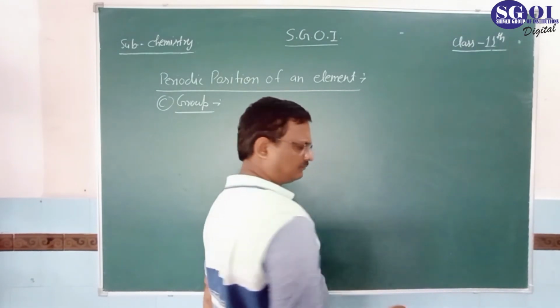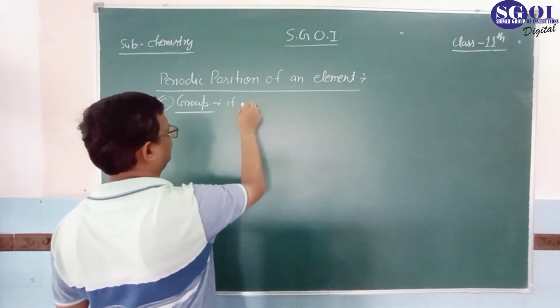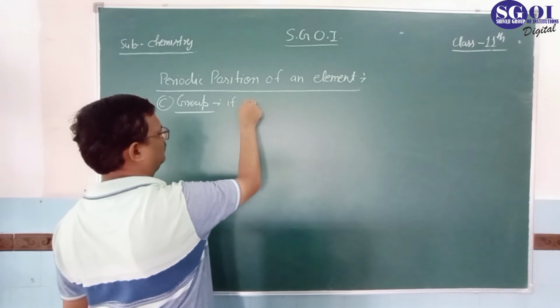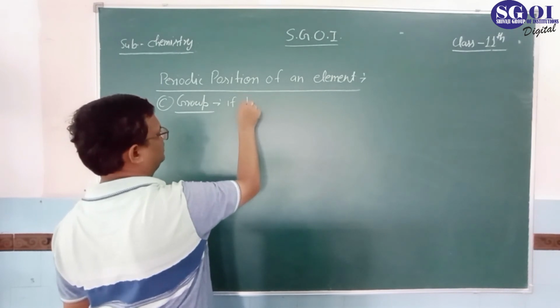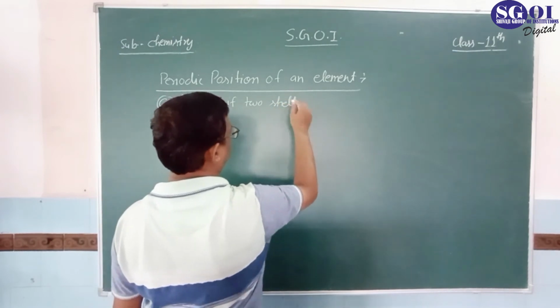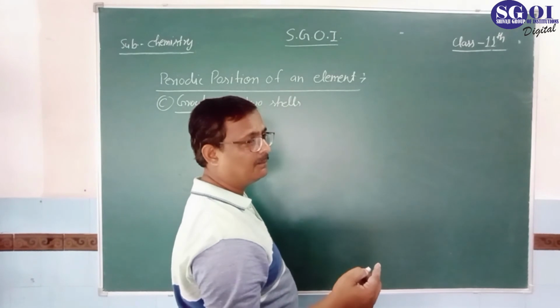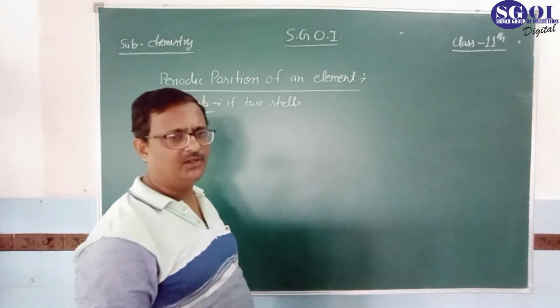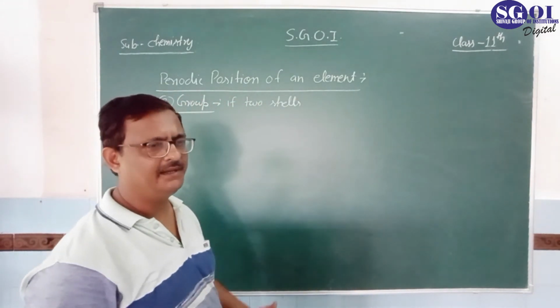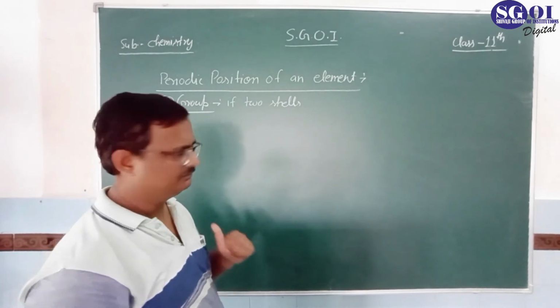Now if two shells, one is outer and one is penultimate, are incomplete. Do you know the meaning of penultimate? Penultimate means last but one.